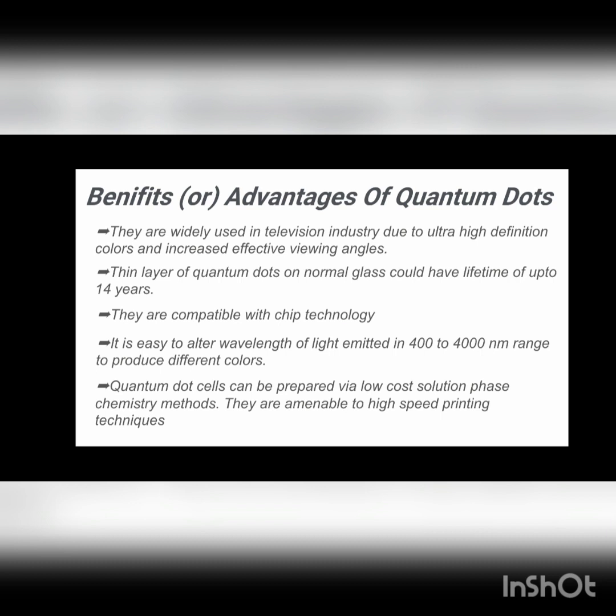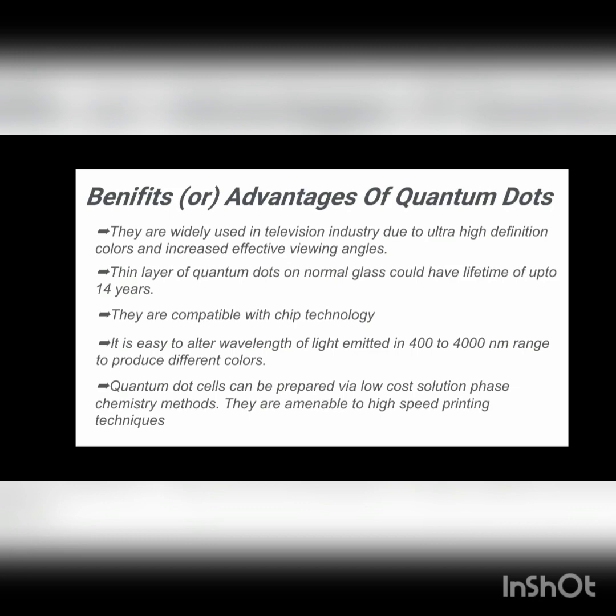Benefits or advantages of quantum dots. What are the benefits of quantum dots? Here are a few points. Number 1, they are widely used in the television industry due to ultra high definition colors and increased effective viewing angles. Number 2, a thin layer of quantum dots on normal glass could have a lifetime of up to 14 years.